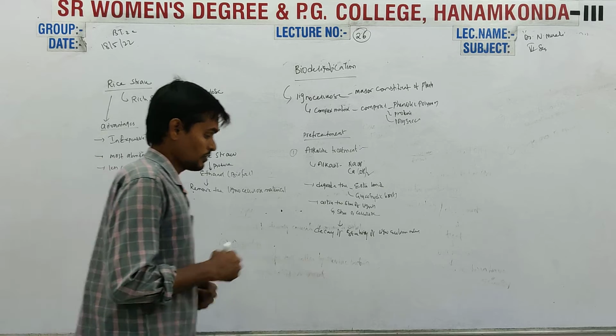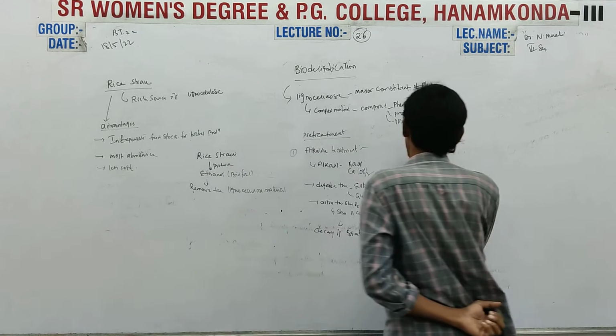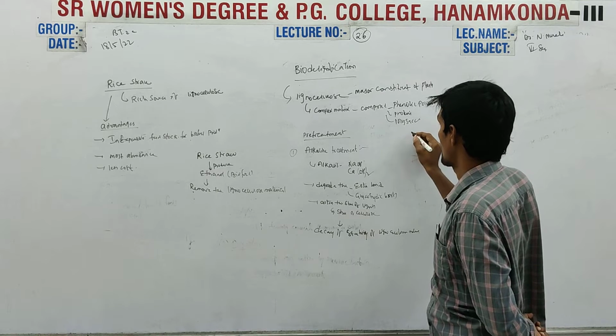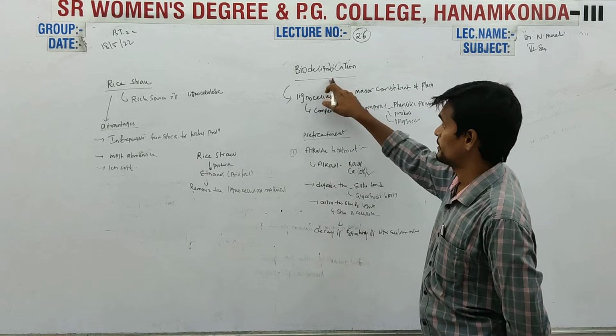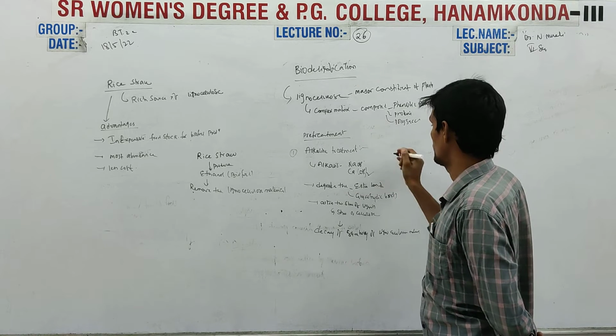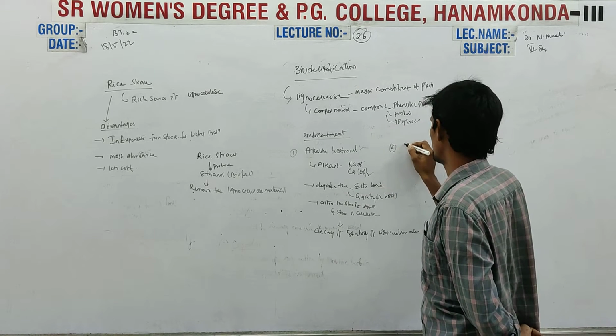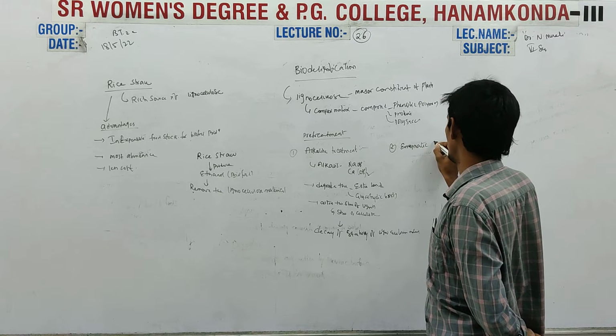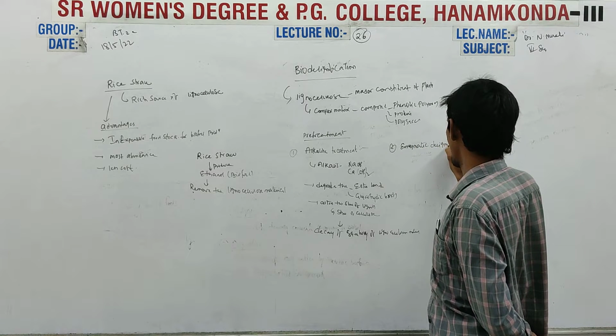Next, we go for the production of biofuels by using biomass. So after delignification, the second method is enzymatic delignification.